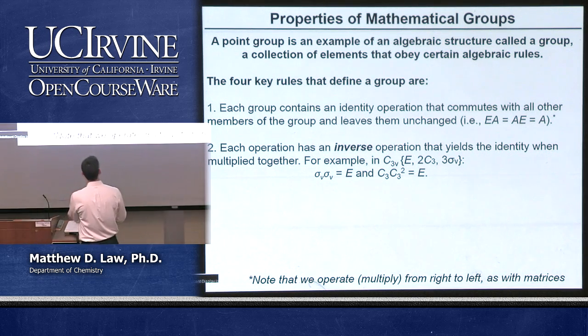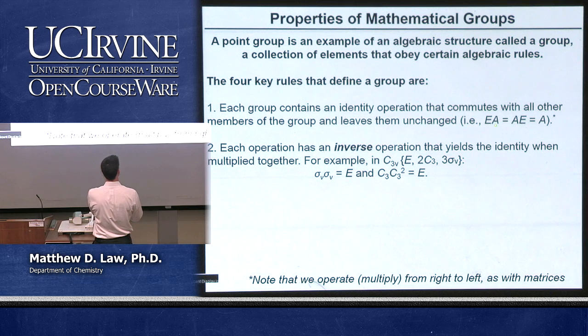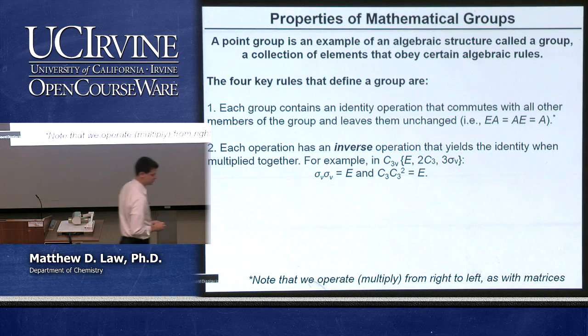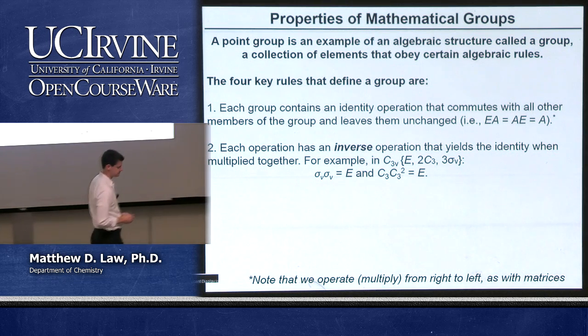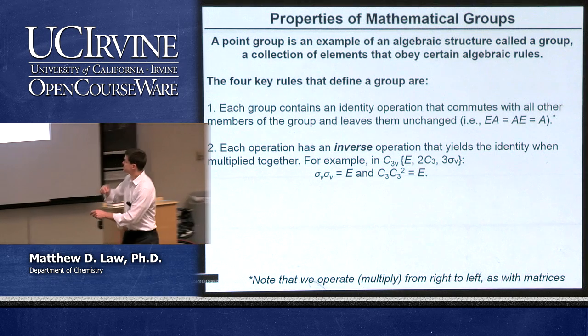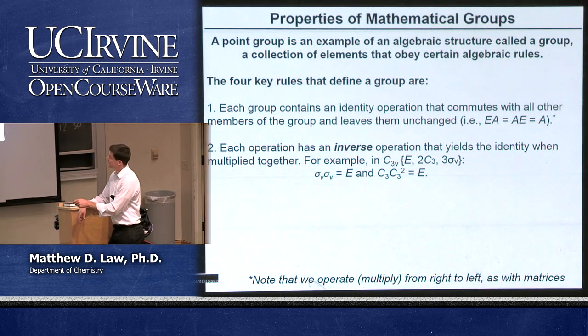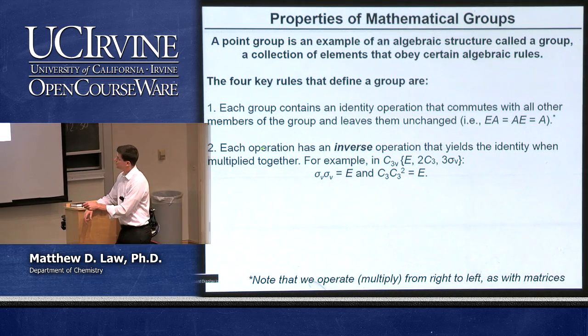When we act on a molecule, we're always going to act from right to left. So we do A first and then E, just like you would do in a matrix multiplication. The inverse is such that when you multiply it together with the operation, you get the identity. Okay? Let's look at an example of how this works out.